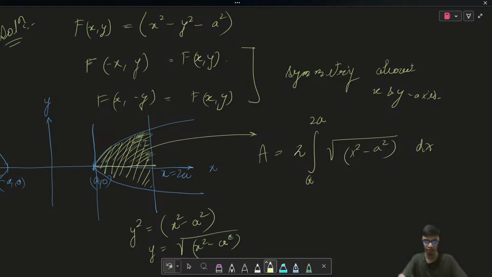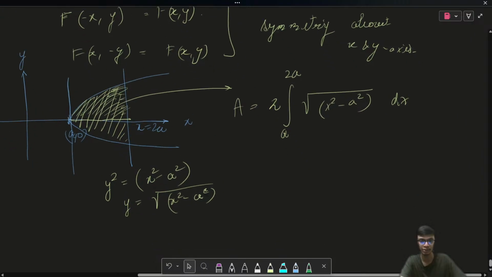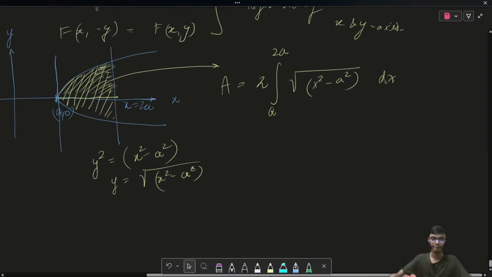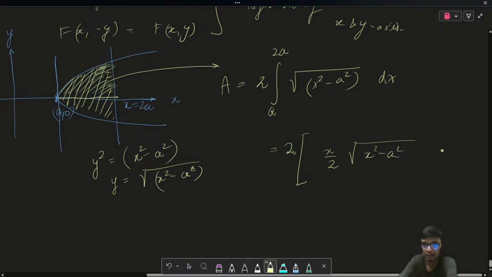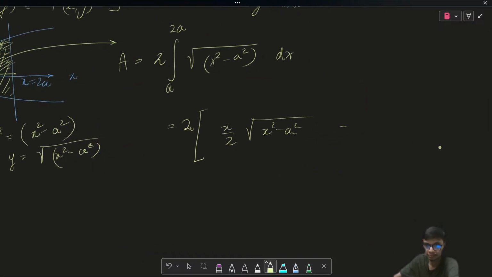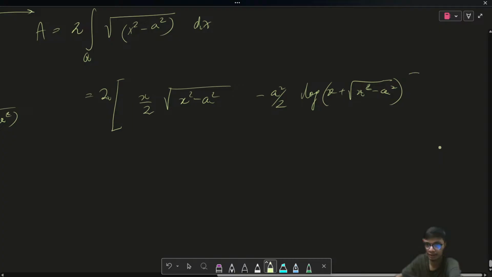Now please try to solve this integration. You have already studied it, so I know how easy it is. If you just apply the formula, the integration answer is x by 2 times the square root of x squared minus a squared, minus a squared by 2 times the natural log of x plus the square root of x squared minus a squared.